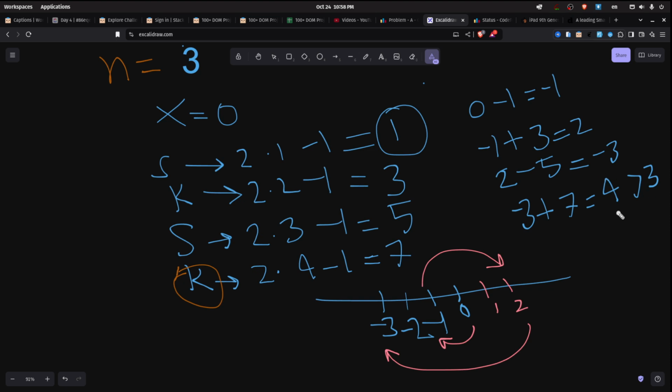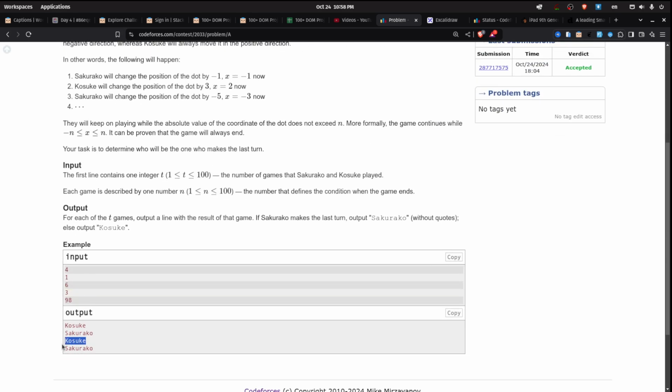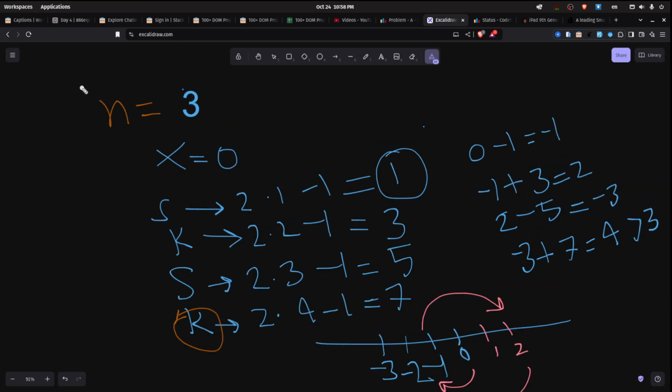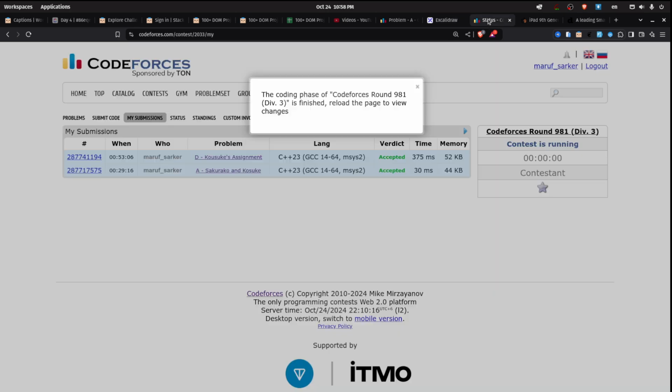So in this case, I have to check who is the last person. So Kosuke is the last person. So that's why I have to print that Kosuke is the last person. So I just print his name. Okay, so this is the answer, actually. I hope you understand the process of how I analyze this part. So let's jump into the coding part.